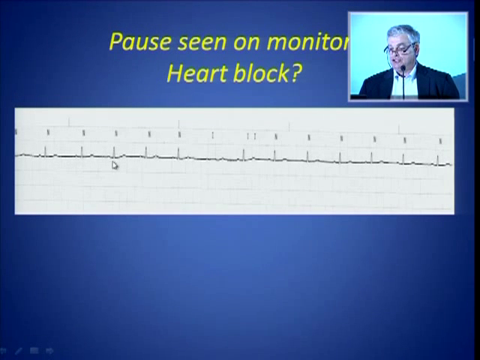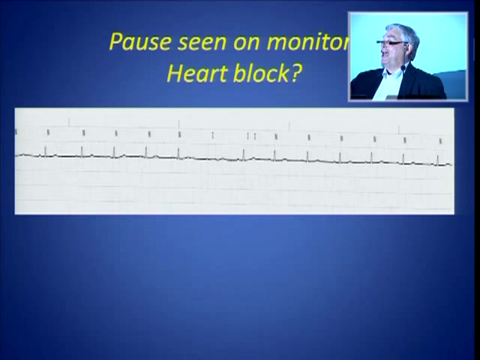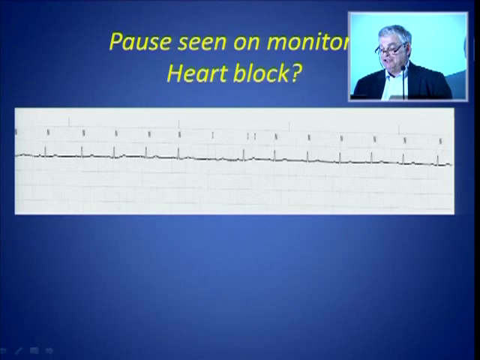PQRST, PQRST, PQRST, PQRST, PQRST, P, no QRS. What's that? T. So this is artifact. You've got a T wave there. There had to be a QRS there. You see how this is flattened?